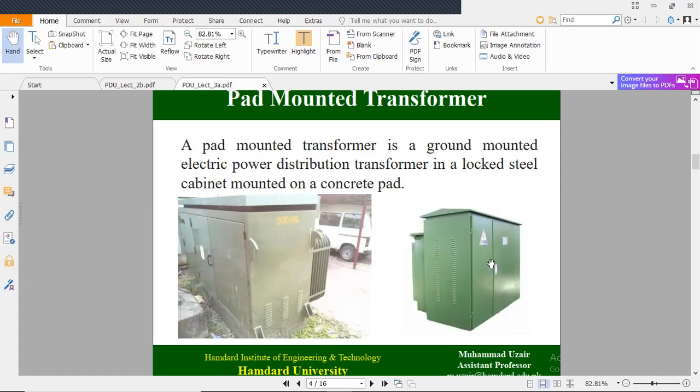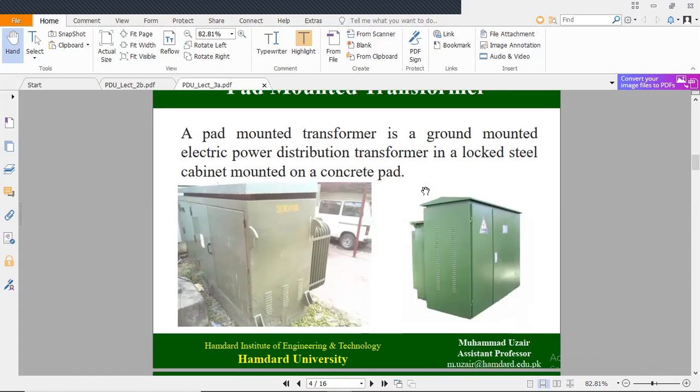The shape tells us that it's a distribution transformer section and weatherproof distribution board. The pad mounted transformer is a ground mounted electric power distribution transformer in a locked steel cabinet mounted on a concrete pad.